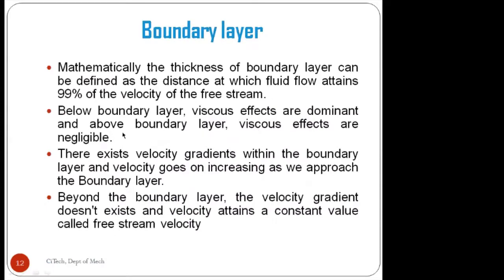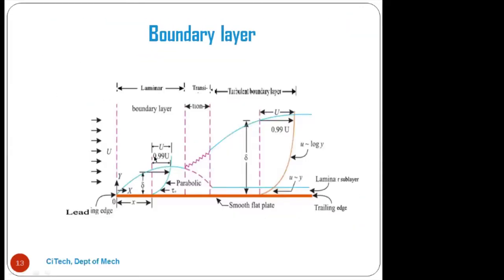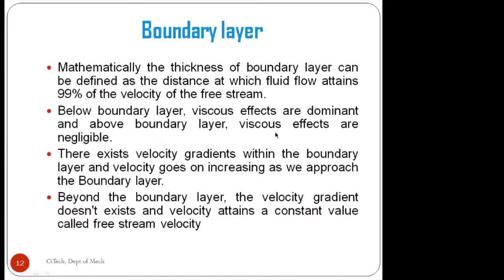And above the boundary layer, the viscous effects are negligible, because the fluid has already approached 99% of the free-stream velocity. That's why the viscous effects are negligible above the boundary layer.